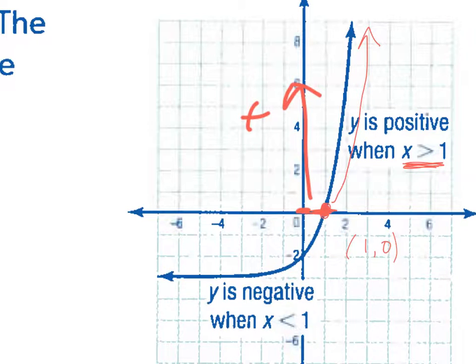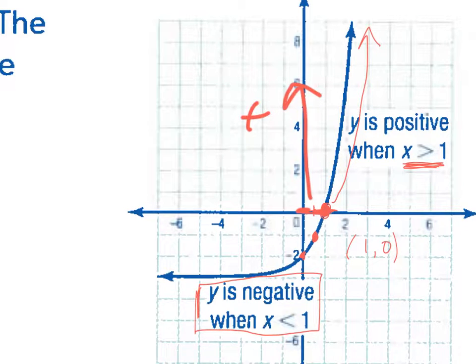If we were at 0, I don't have a positive y value, now I've got a negative. If I'm at 1/2, again, I've got a negative y value. Any number that's smaller than 1, I'm going to get a negative y value. And we see that right here.